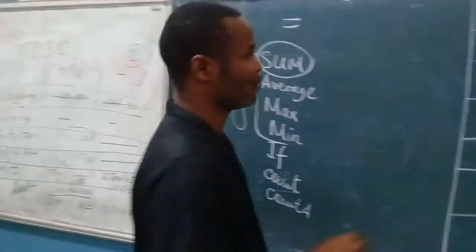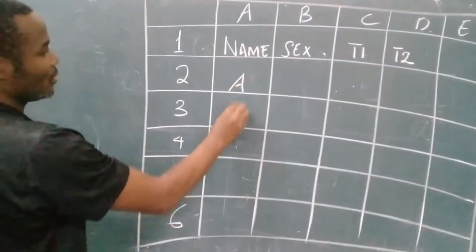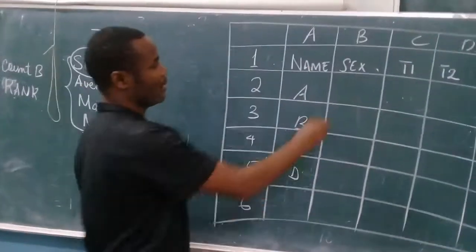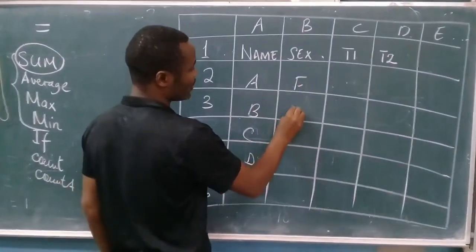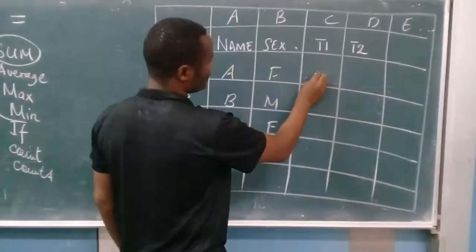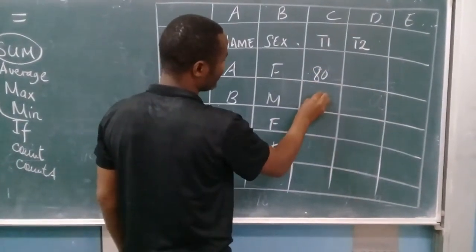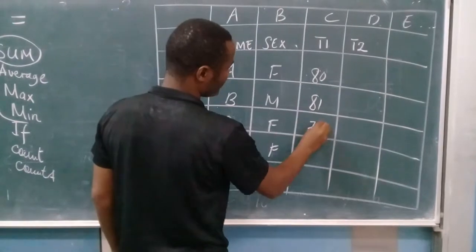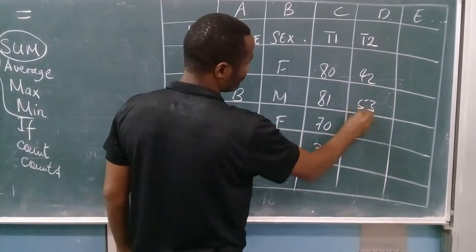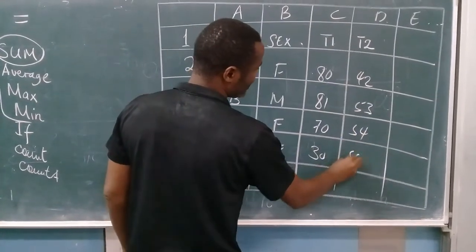So for example, if you have names of students here, A, B, C, D, the list might go on, and then their sex, these are raw data, female, whatever. And then their test results, maybe 80, 81, 70, 30, maybe test 2, this particular student got those marks.